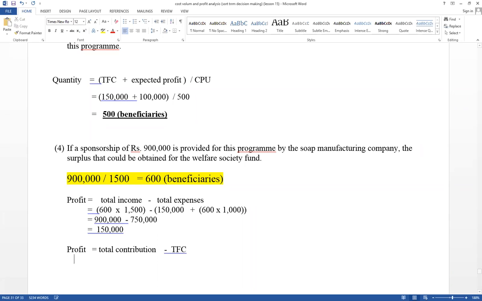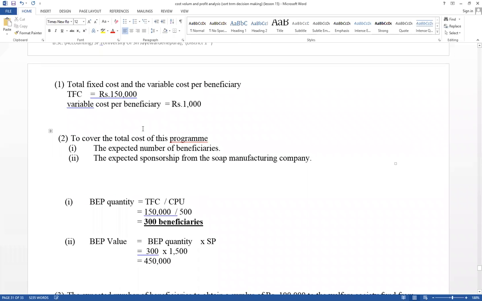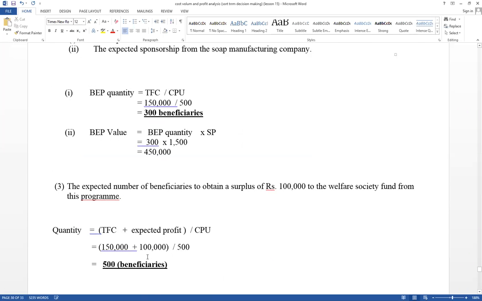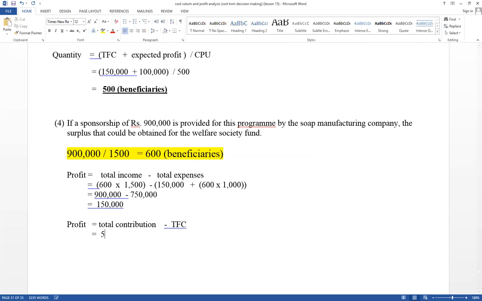Contribution per unit we know has been calculated: 500, selling price minus variable cost. Then quantity, number of participants, equals 600. Therefore 500 into 600 is the total contribution, and total fixed cost is already calculated as 150,000.